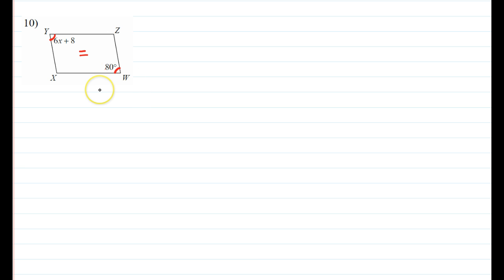One of the things that helps me is, like we talked about earlier, this is an acute angle, this is an acute angle, so I'm going to make those two equal. Whereas this is an acute angle, this is an obtuse angle, they're definitely not equal, so you would never make these two things equal. So we have 6x plus 8 is equal to 80.